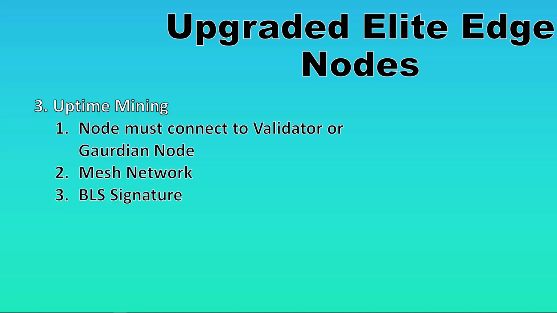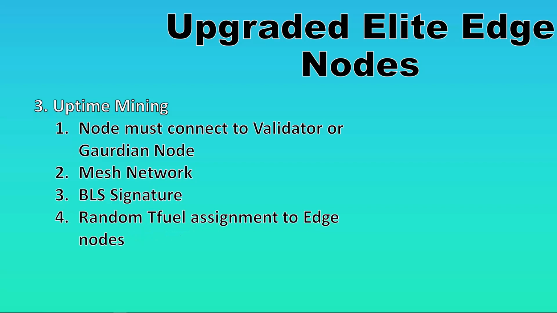So if we're on blockchain number 7, your edge node has to report that it also is blockchain number 7. When that changes, if your edge node does not send the proper signature to its validator or guardian node, you are left out of the rewards. This is how uptime mining works. This ensures that every time there is a change to the blockchain, your edge node is reporting that it is up to date and running.